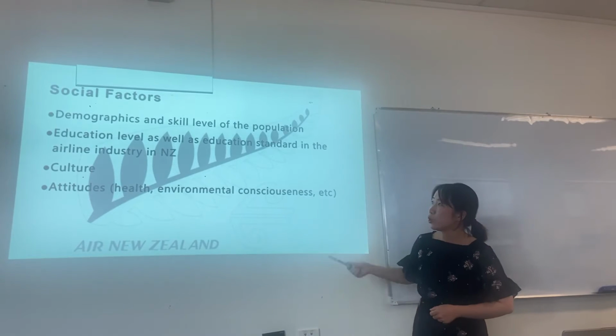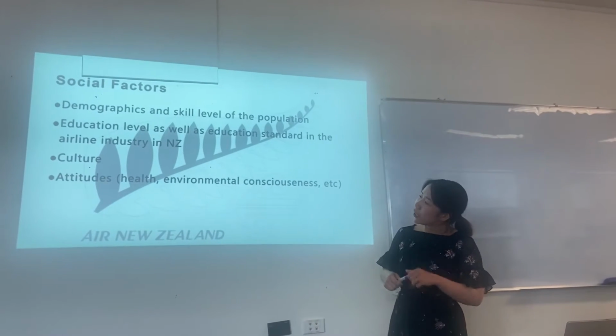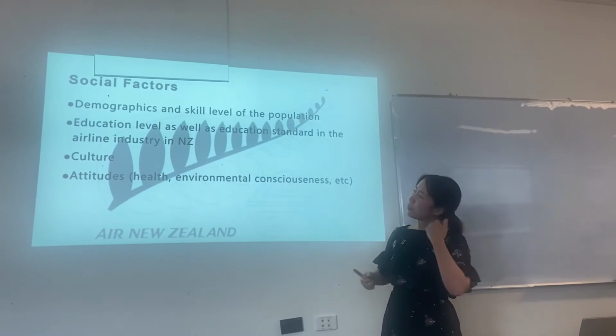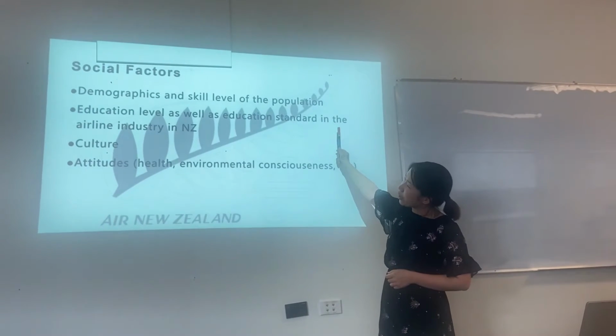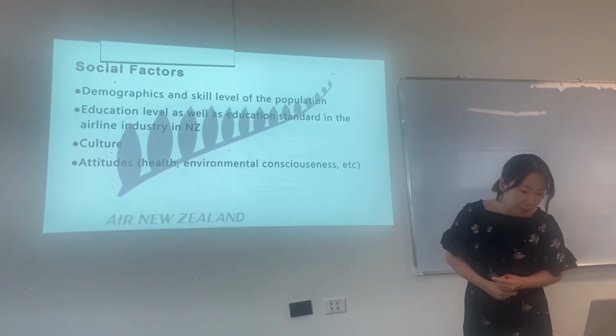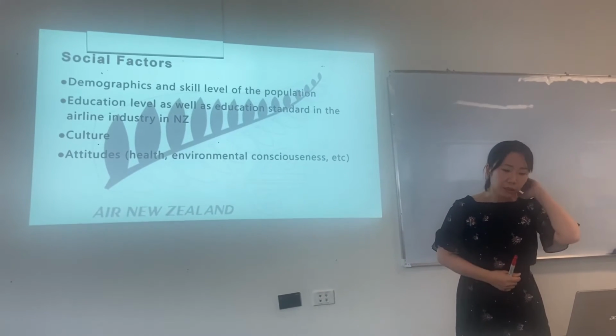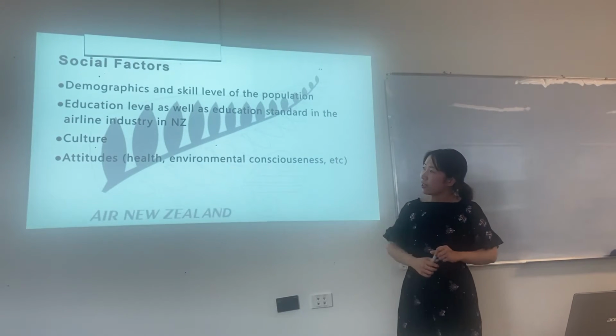Yeah, the third one is social factors. The social factors include demographics and the skill level of the population, education levels, and cultural attitudes. So I'm going to explain the first one in detail here.